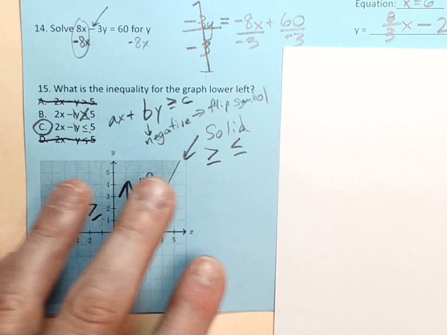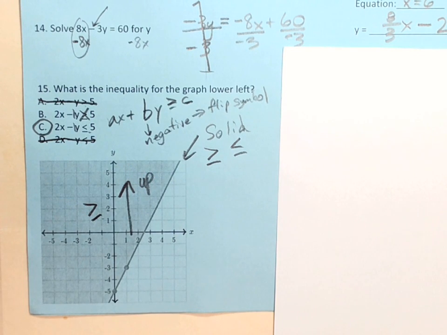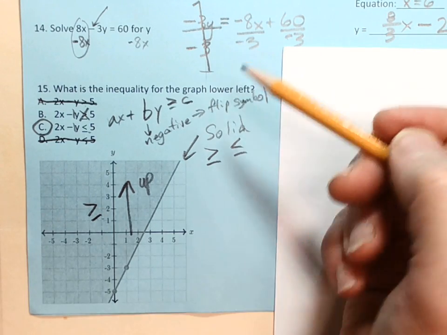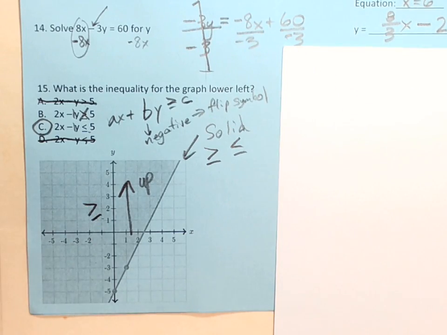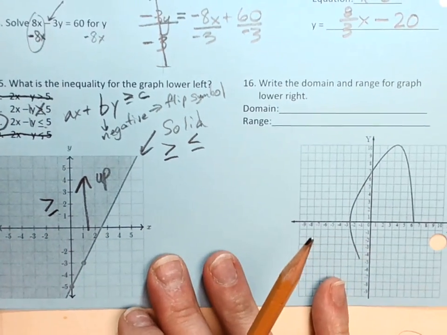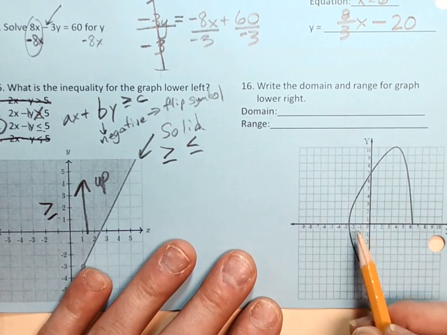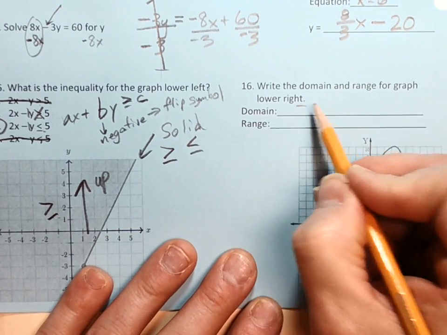So if I just have knowledge about the inequality symbols, I can solve this without solving for y. You can solve it for y as well, but when you get to this step that we did up here, you're going to flip the symbol over and get this.